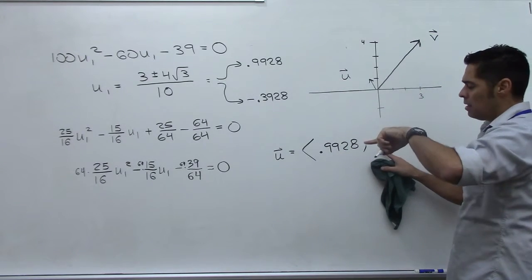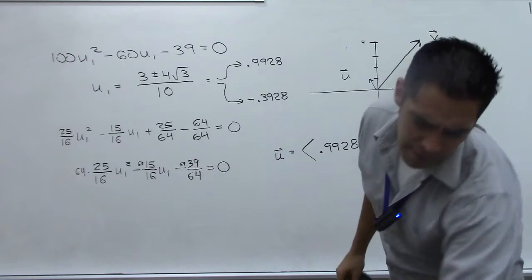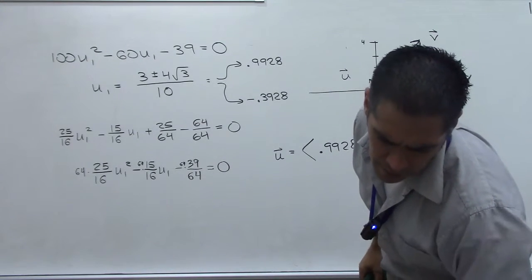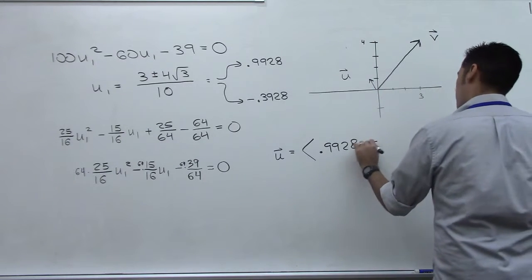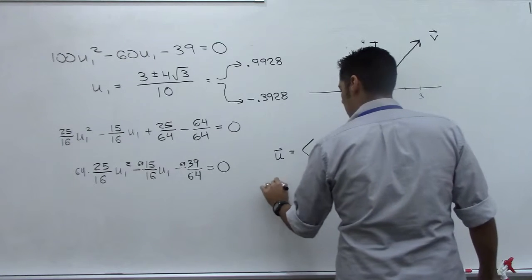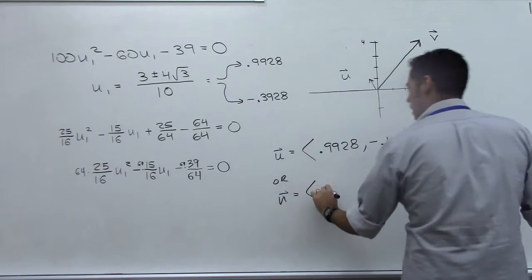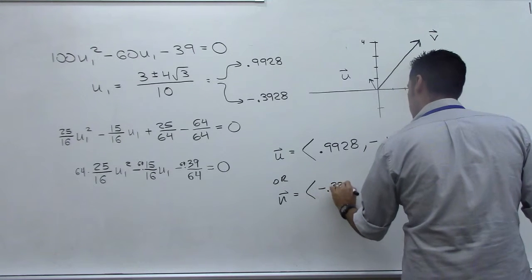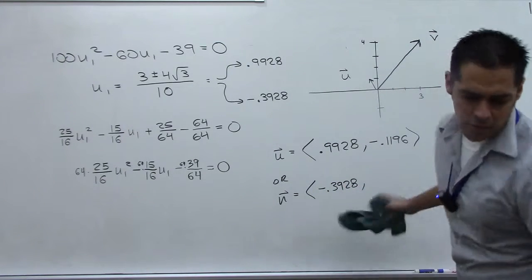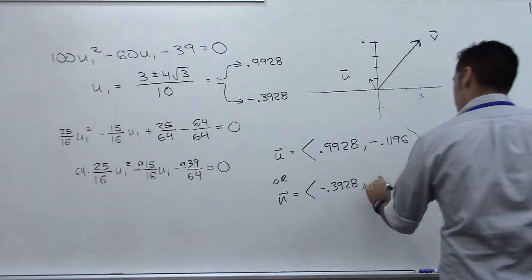Go back and look at our equation for u2, plug this in for u1, and when you do that, you should get negative 0.1196. And then the other option would be to let u1 be negative 0.3928, and if you solve that one for u2, you should get 0.9196.